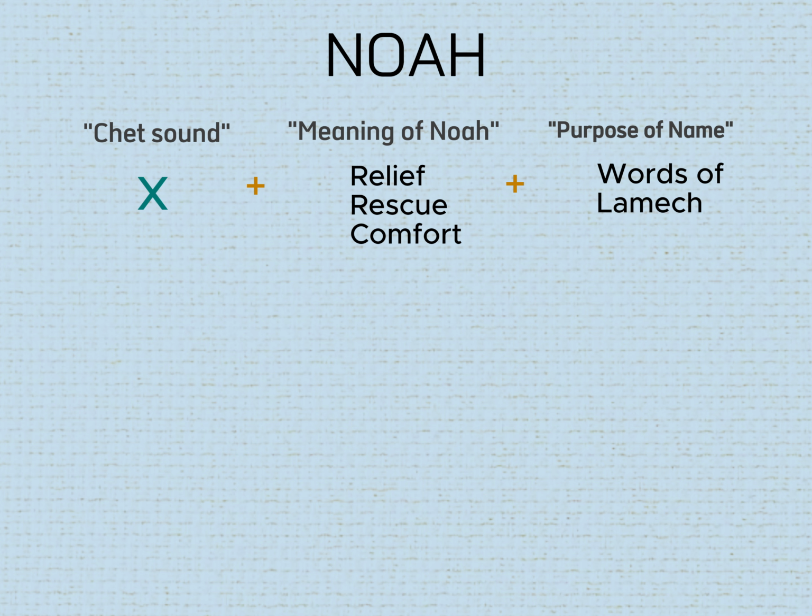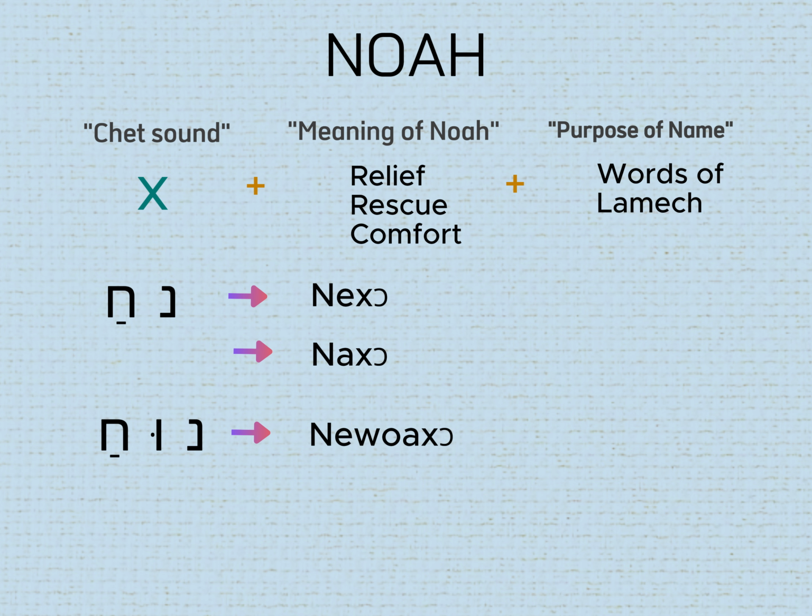These include for Nun He or Shet, Neho or Naho, and for Nun Vav He Shet, Newaho or Nawaho.